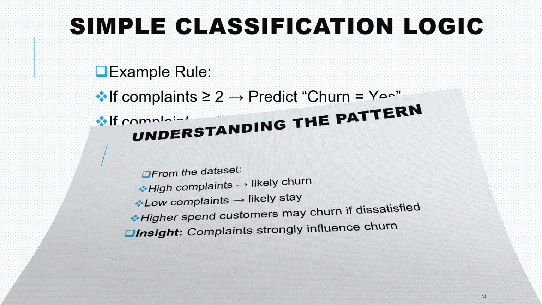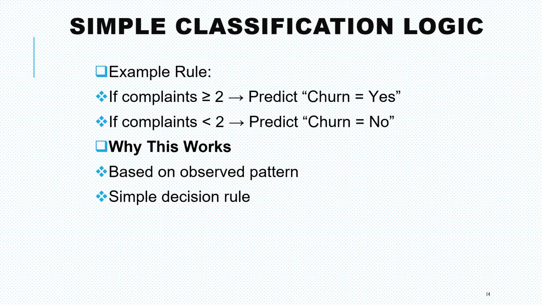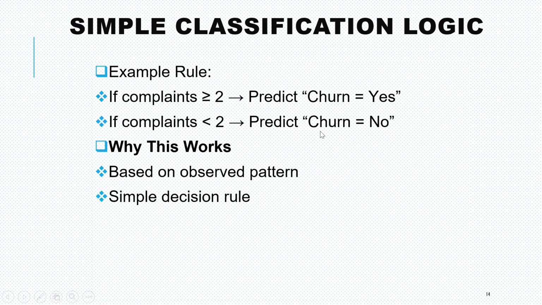Anyone who complains fewer than 2, that is 1 or no complaint at all, is likely to stay. So this is a simple decision rule we can input in Excel to sort out data for us.